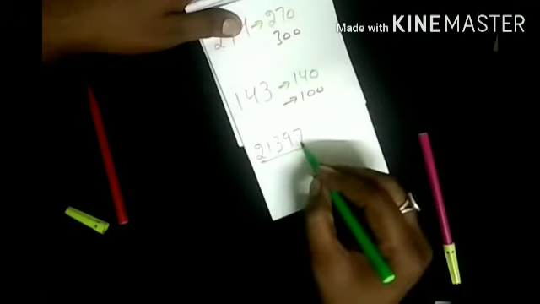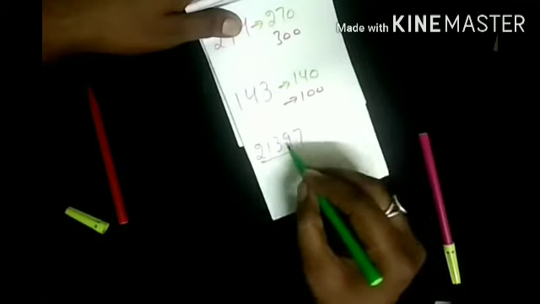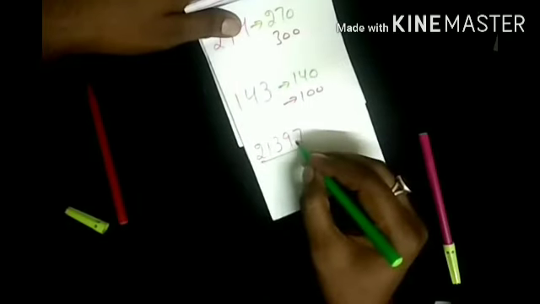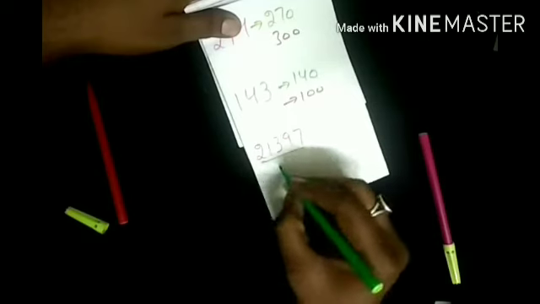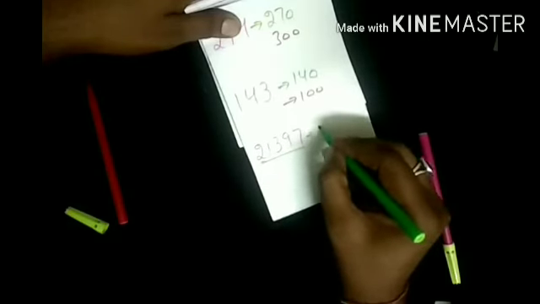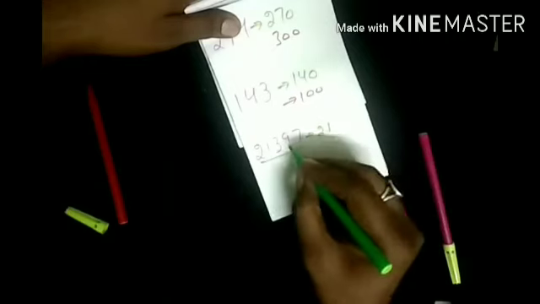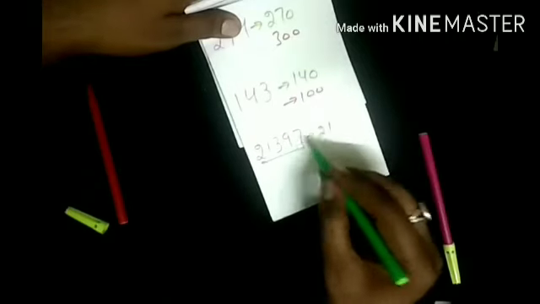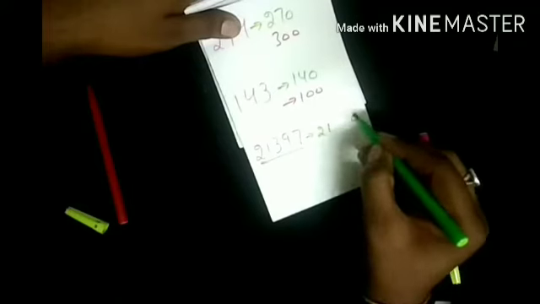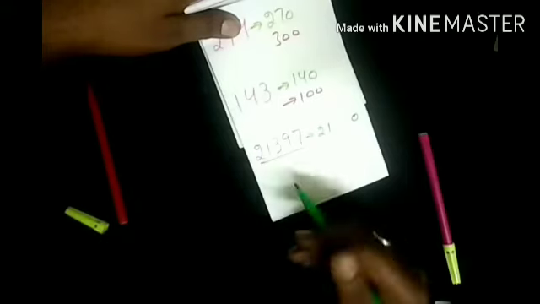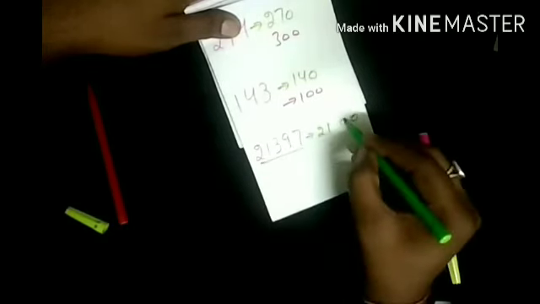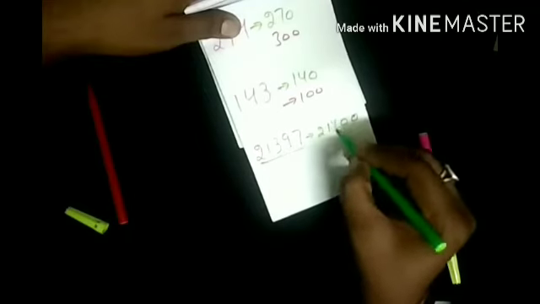Now if I have to round it to the nearest 10, then it will be 21,4... We will make this 0. We will make 70, and I will increase this by 1. If I increase this by 1, then it will become this.